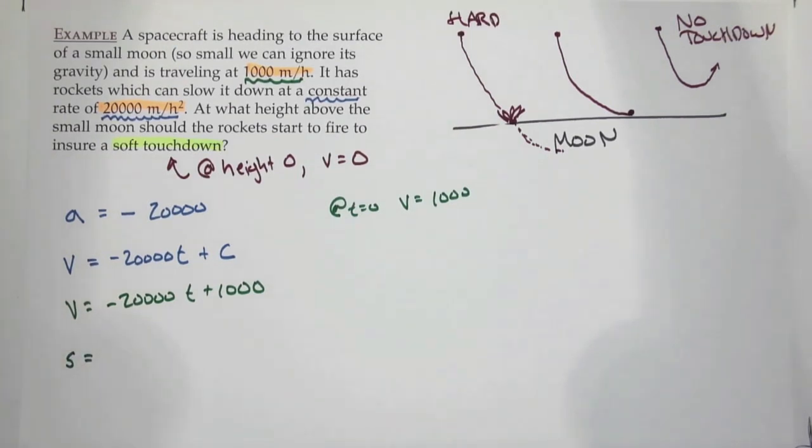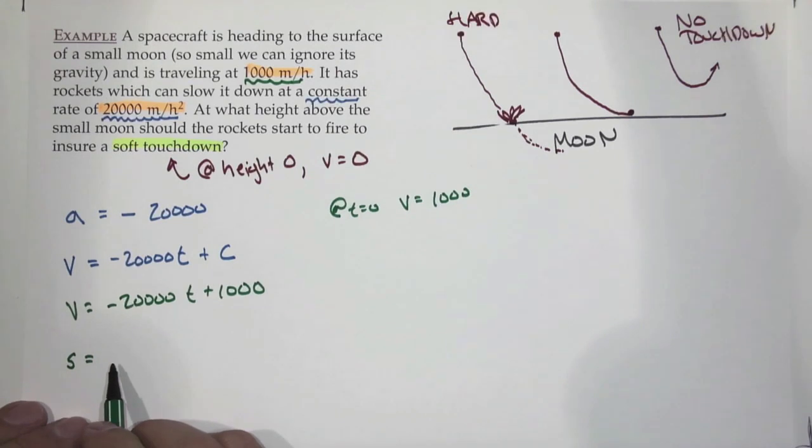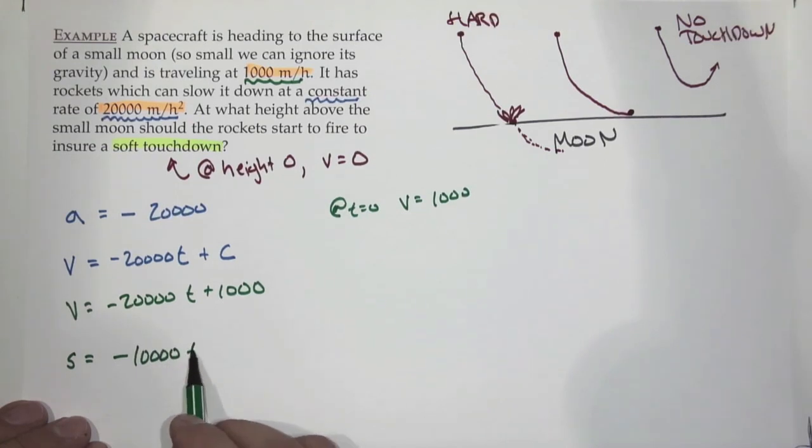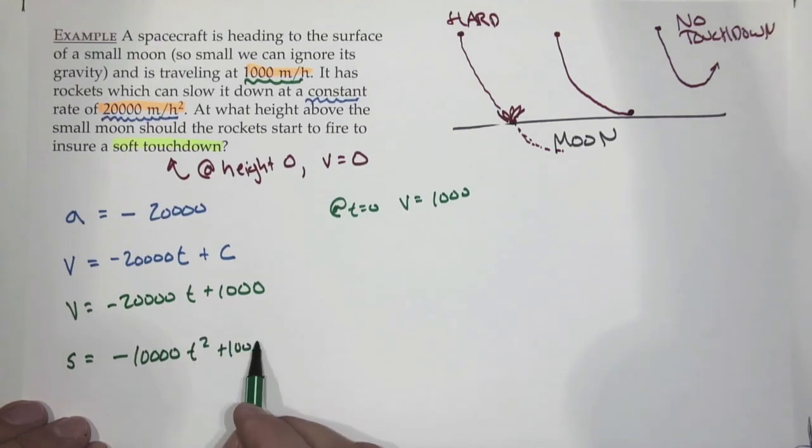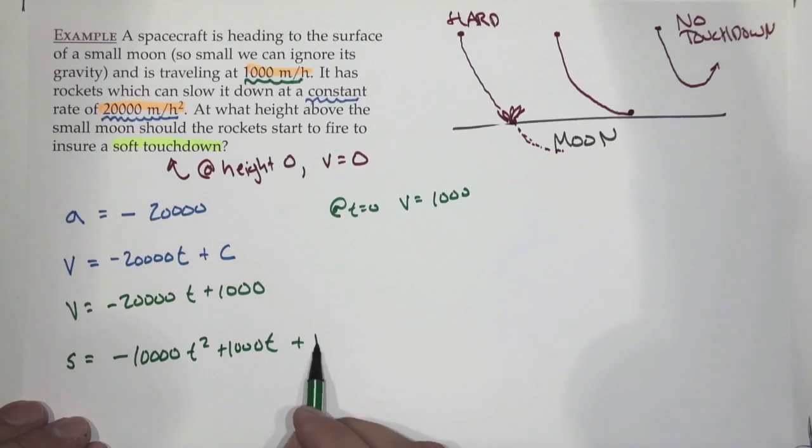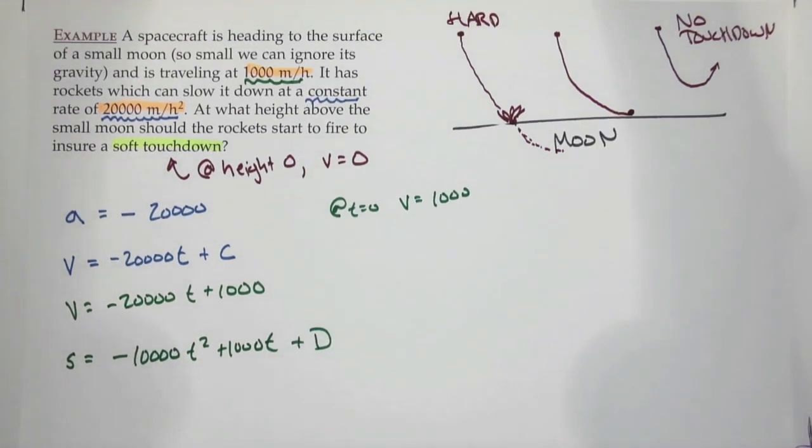At least in calculus textbooks, that's what they always use. So what is our position function? Okay, so we take the antiderivative: negative 10,000 t squared plus 1,000 t plus another constant. We'll use d here.